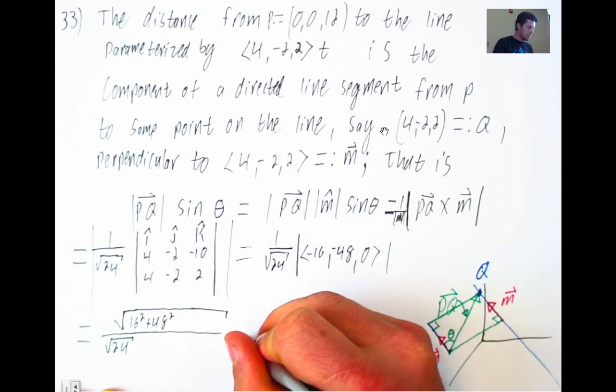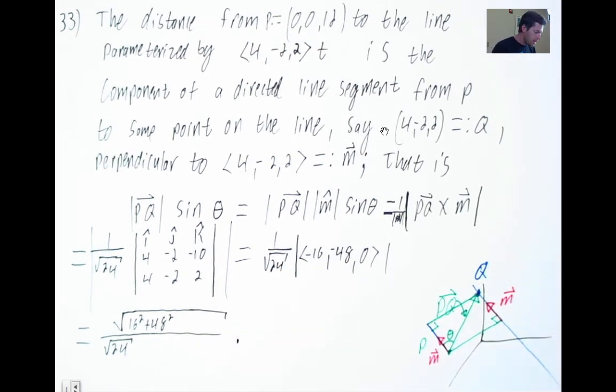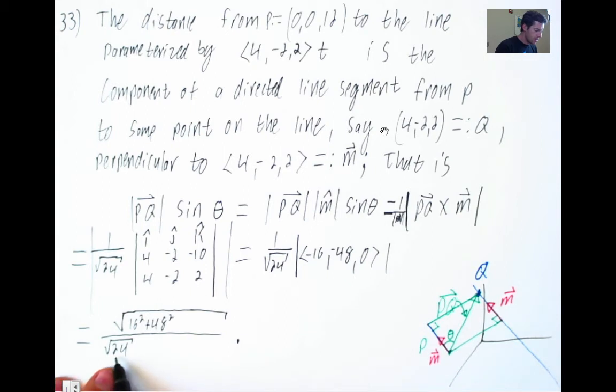The spacing is ridiculous, but there we go. Maybe with some thought, I see that I could factor a 4 out of 24, a 4 out of 16 squared, and a 4 out of 48 squared. But that would be some arithmetic stuff. I think I've done what I wanted to, and the rest of this is not algebra, it's just arithmetic.